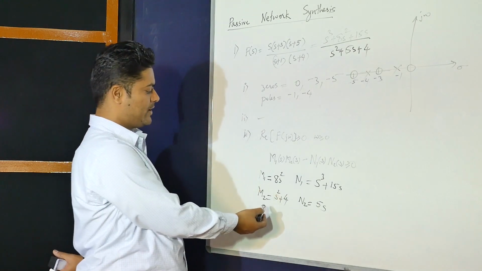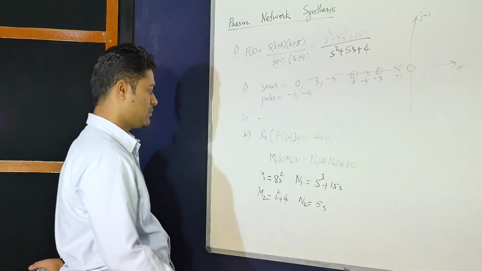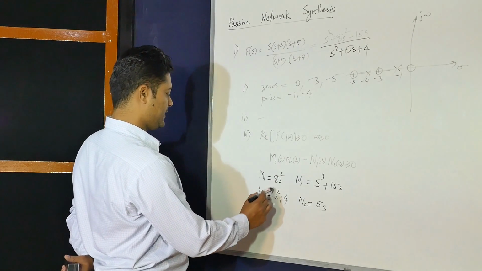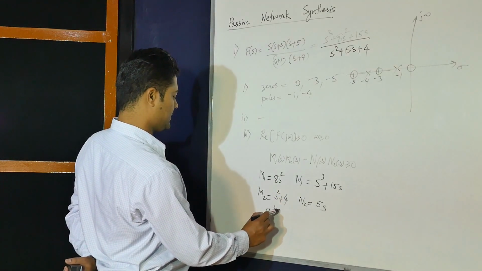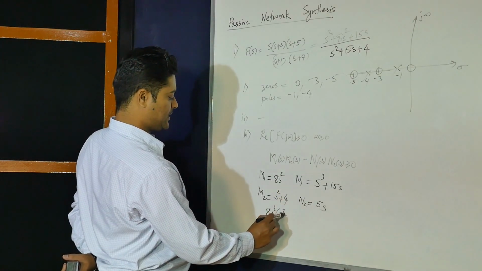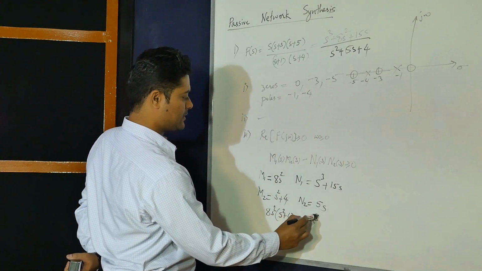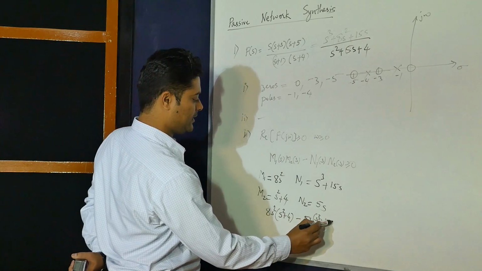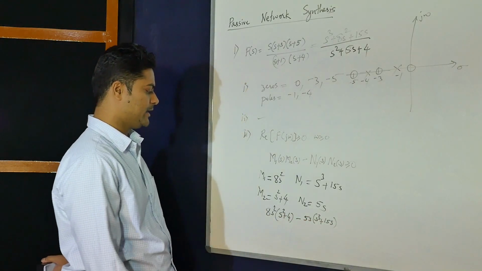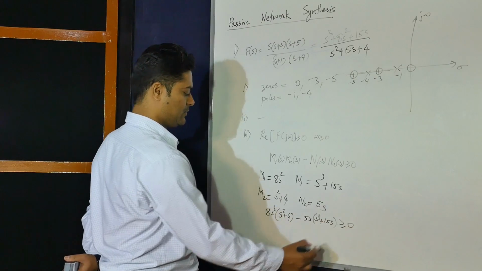We need to do m1 m2 minus n1 n2, so we end up with 8s square times (s square plus 4) minus 5s times (s cube plus 15s), which should be greater than or equal to 0.